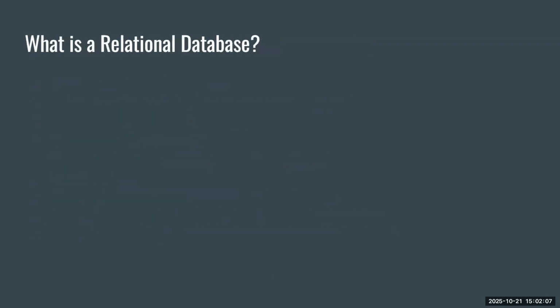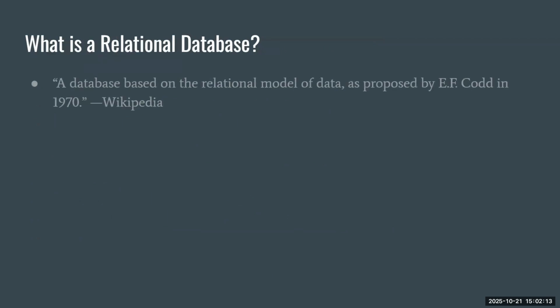All right, so what is a relational database? Well, I went out and scoured the web for good definitions, and I found this. I don't like it because it uses a lot of the words that it tries to define in the definition.